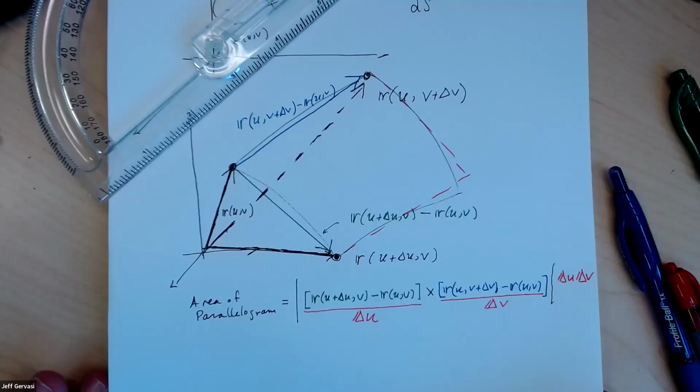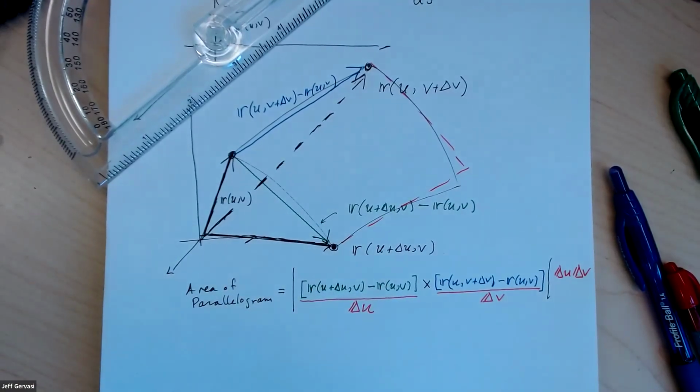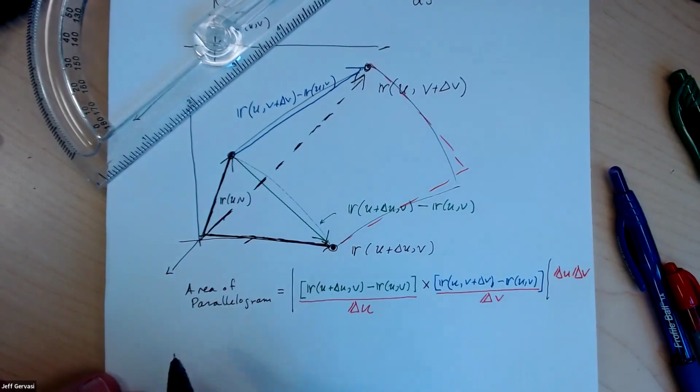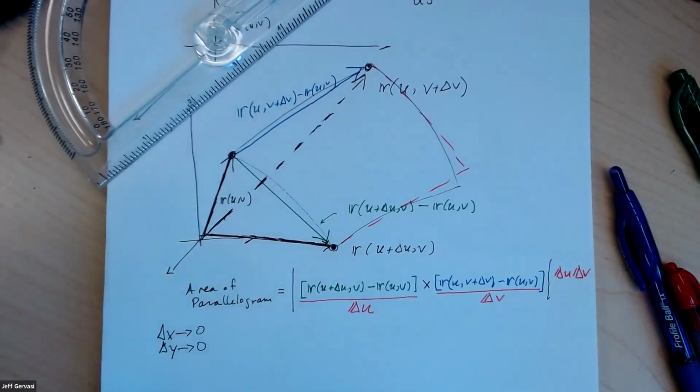Now, hopefully those fractions are looking pretty familiar to you. You should recognize those as difference quotients. So naturally, the next thing we're going to do is take delta u to go to 0 and delta v also to go to 0. So what happens is the parallelogram shrinks, and so does the patch.